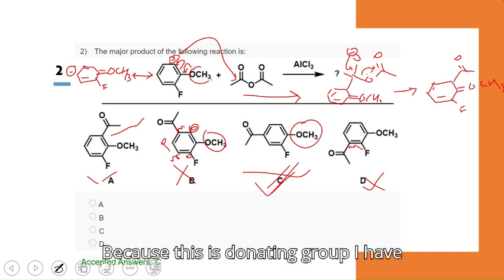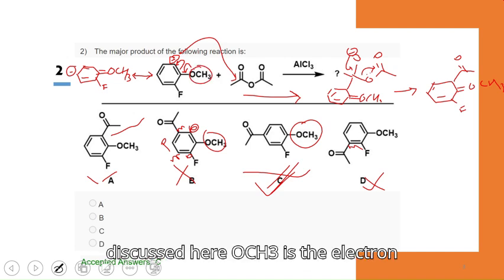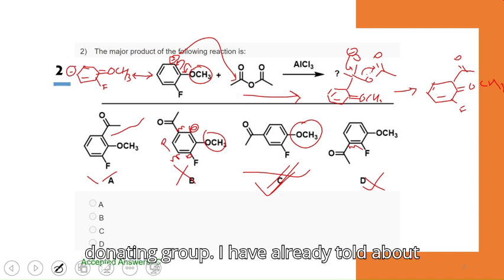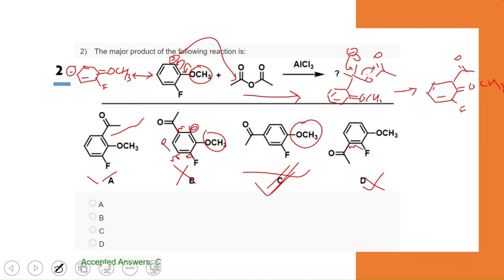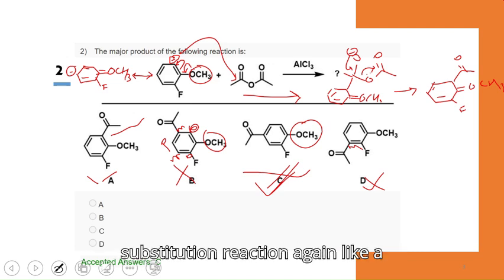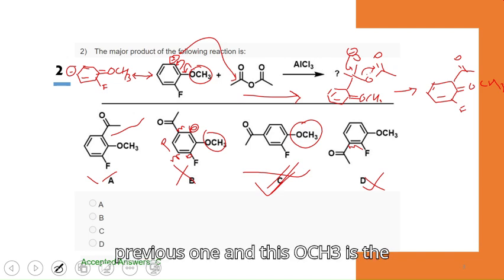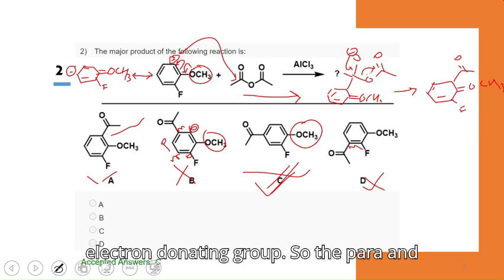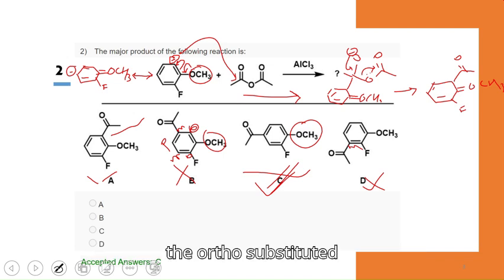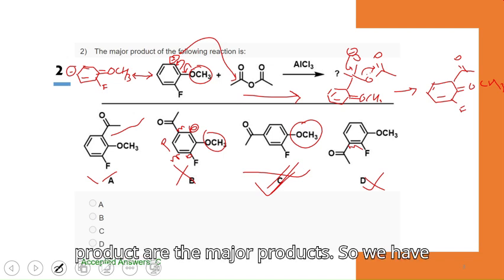OCH3 is an electron donating group. This is again a case of electrophilic substitution reaction, like the previous one, and OCH3 is an electron donating group, so the para and ortho substituted products are the major products.